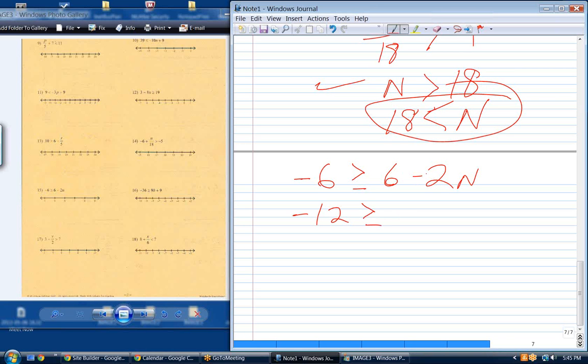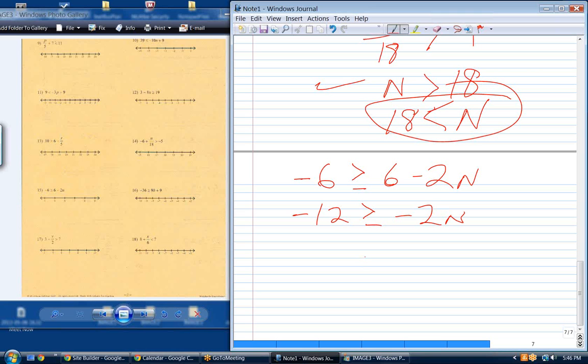No, you can't drop that negative sign. So negative 2n. In other words, the first step was subtracting 6 from both sides. Well, when we subtracted 6 from the right side, it didn't leave 2n, it left negative 2n. You can't drop that negative sign.